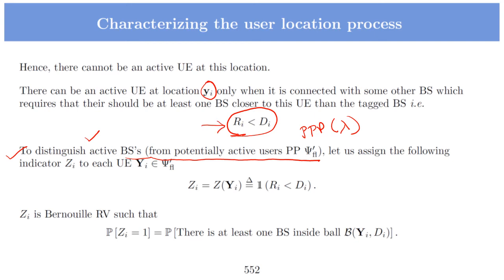Again, these are spatially correlated cases, but we will make a very small approximation. Let's first assign Zi as an indicator which will denote that Ri is less than Di. So if Ri is less than Di for any user i, then this user is the active user.